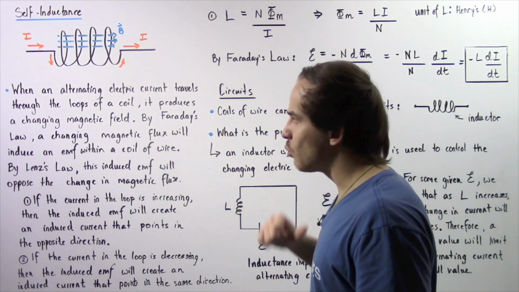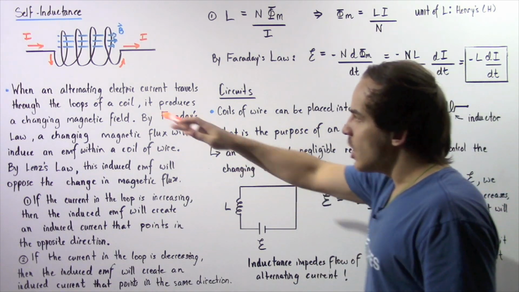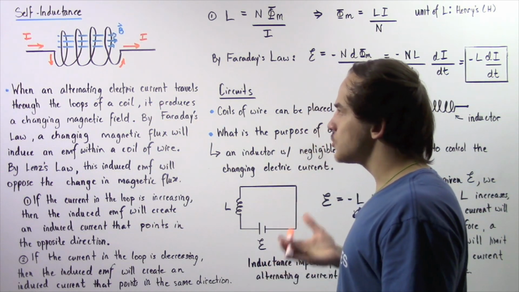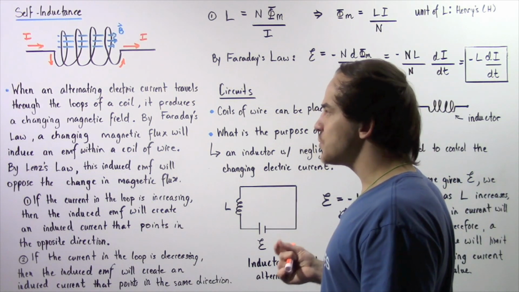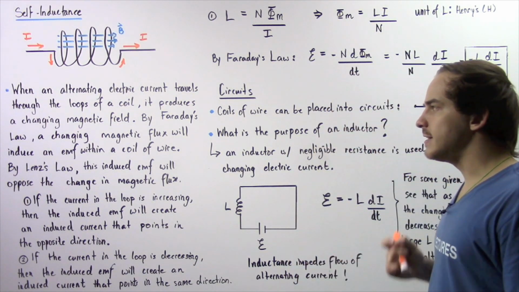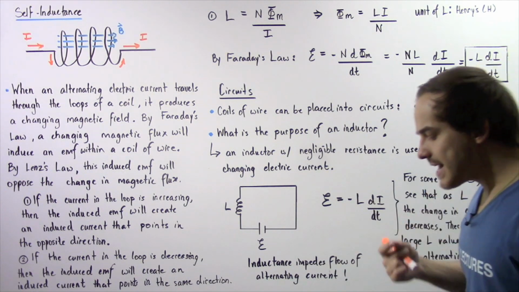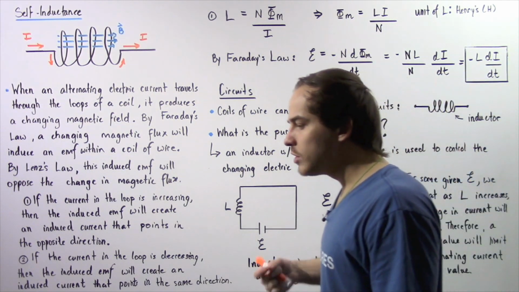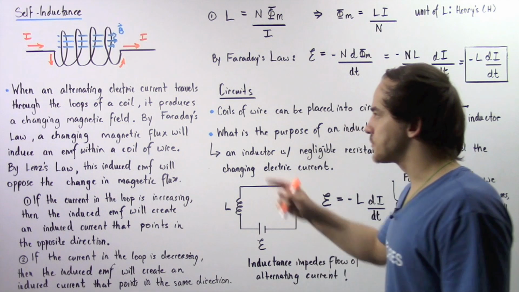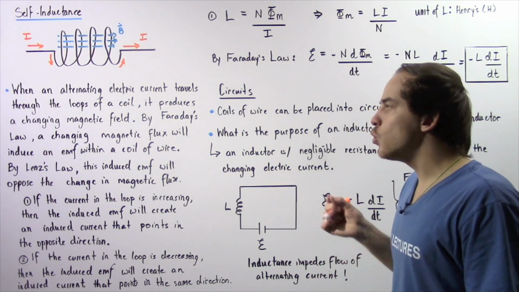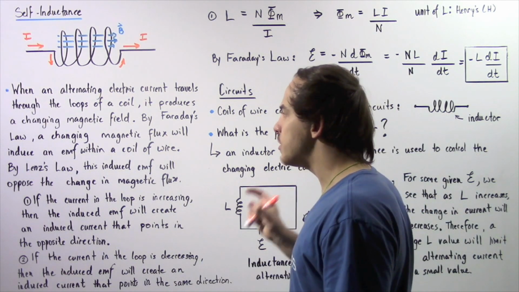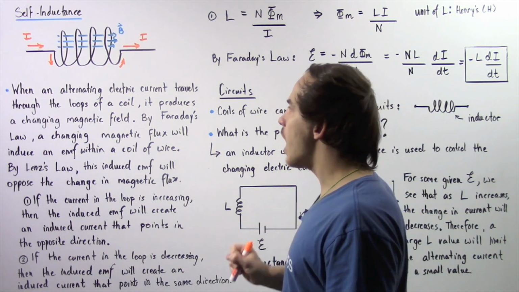First, let's review what we just said. When an alternating electric current travels through the loops of coil, it produces a changing magnetic field. Now, because that magnetic field is changing, that will change our magnetic flux. Now, by Faraday's law, a changing magnetic flux will induce an EMF within a coil of wire.